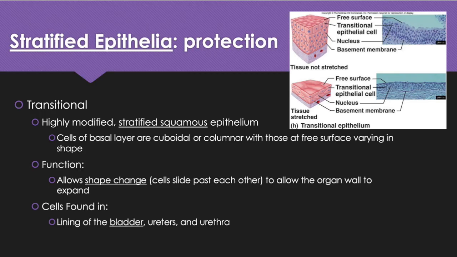So we would have this in our urinary system, in your bladder. If you think of how your bladder fills with urine, it needs to expand. That tissue is specialized to let that expansion or stretching happen. It would also be in the ureters and urethra to allow urine to pass through those two structures.